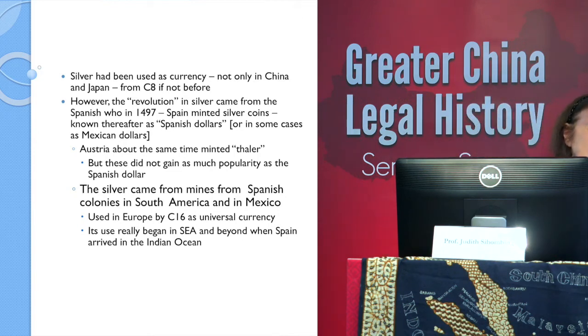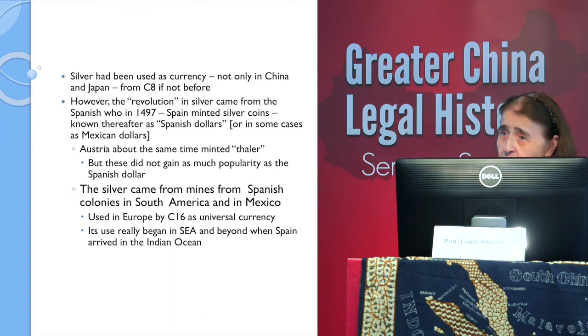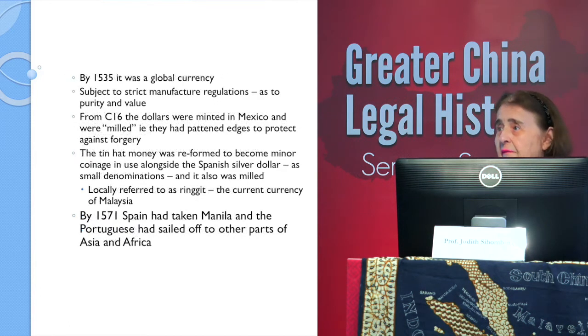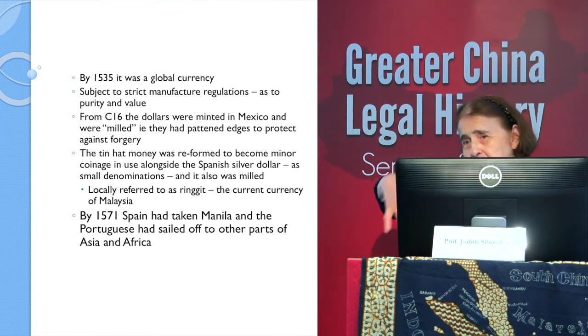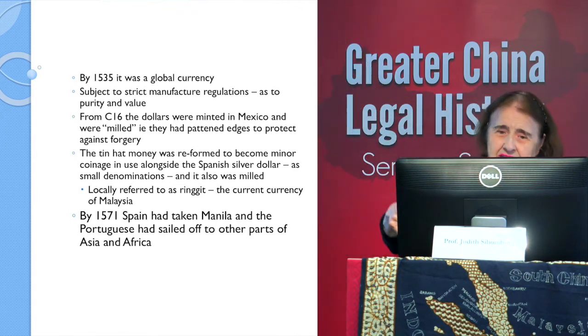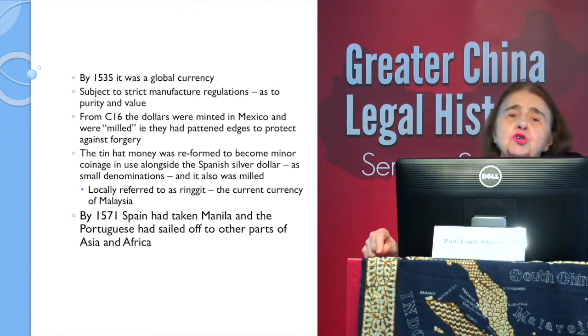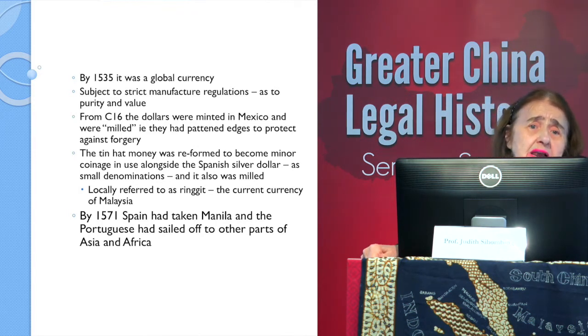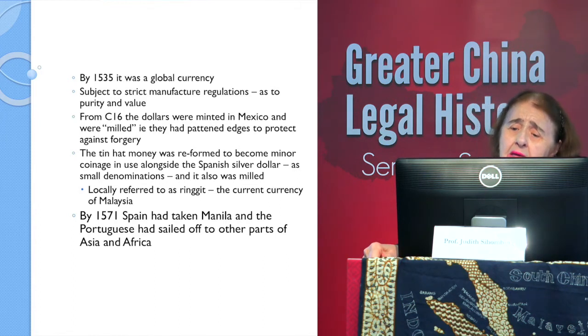By 16th century, it was universal currency in Europe, Asia and Europe. And it came from Southeast Asia and the Indian Ocean, water that finally comes up to us, but South China Sea water. It was global currency, subject to strict manufacture regulations by the Spaniards as to purity and value.